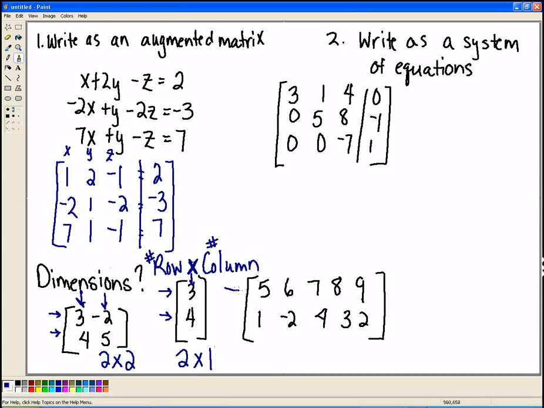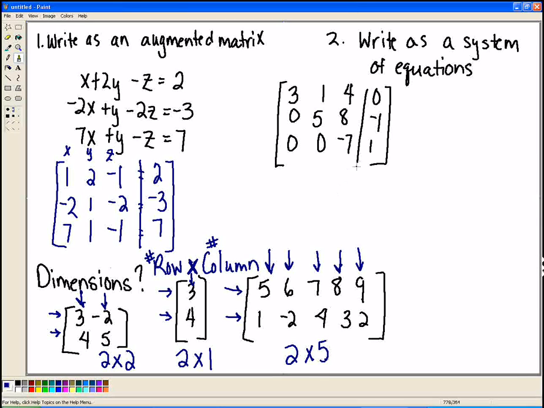Here in this last one I have 1, 2 rows, okay, and then 1, 2, 3, 4, 5 columns. So that's what we mean when we ask you to determine the dimensions of a matrix. It's simply the number of rows, x, the number of columns.